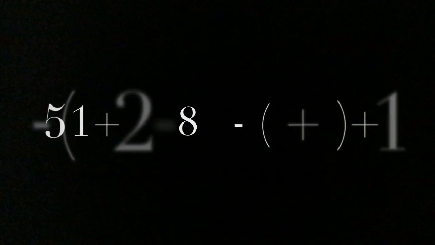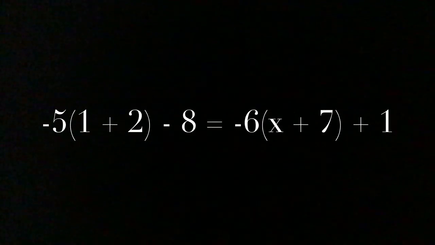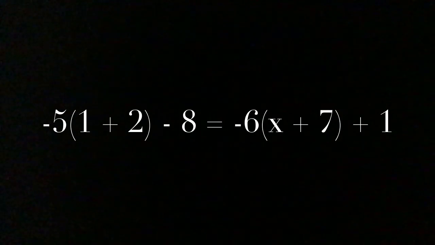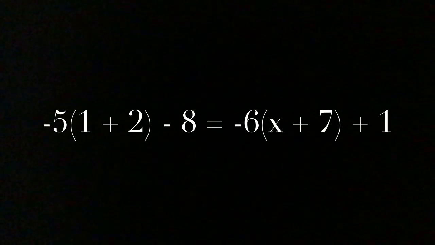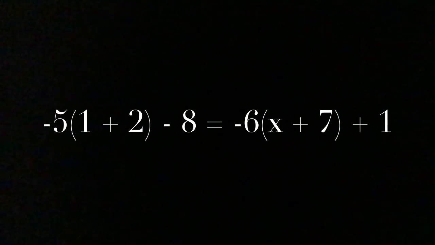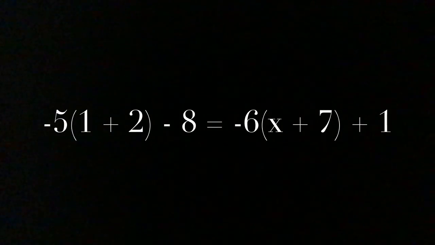Number 11, negative 5, parentheses, 1 plus 2, close parentheses, negative 8 equals negative 6, parentheses, x plus 7, close parentheses, plus 1. After that, we did the distributive property, which is the next step. So, we did the distributive property to everything inside the parentheses.